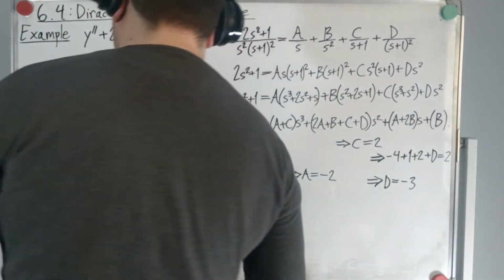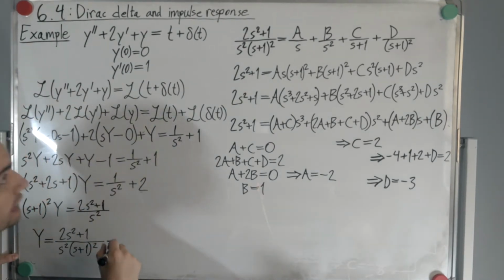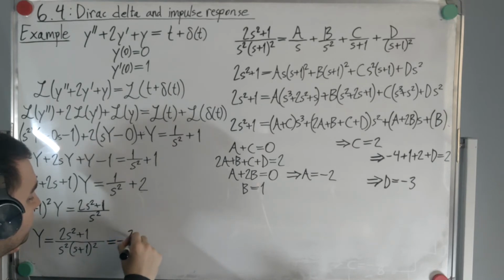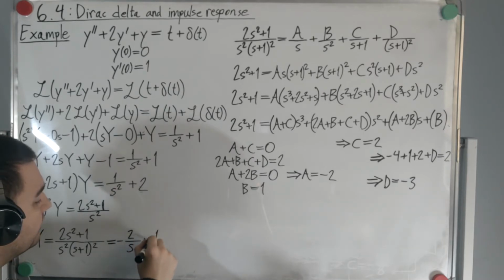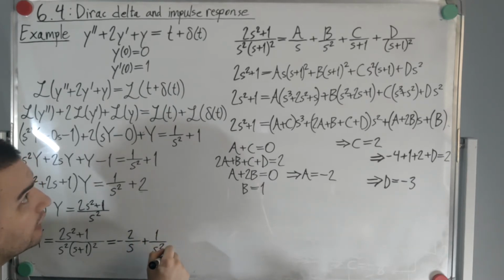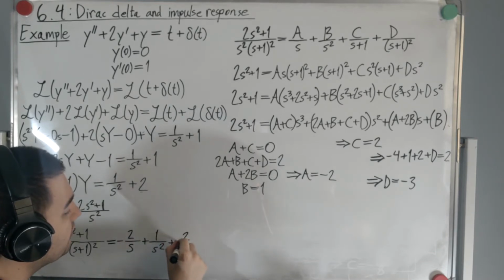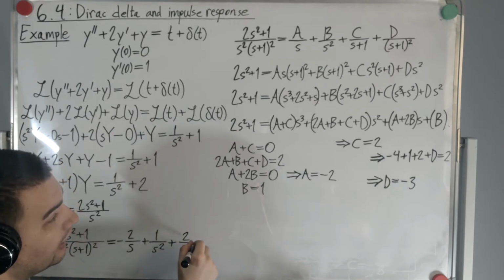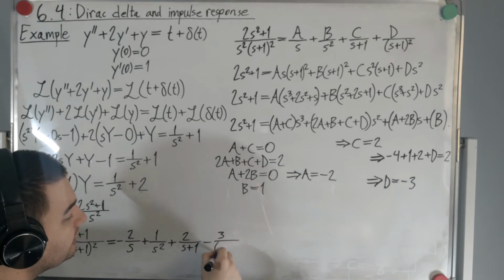Okay. So altogether, this thing turns into, let's see here, A, so negative 2 divided by s, plus B, so 1 over s squared, plus 2 over (s plus 1), and then minus 3 over (s plus 1) squared.